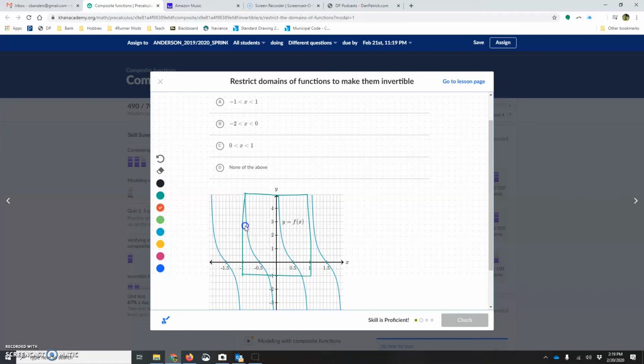So in this box, boom, fails the horizontal line test right there. So -1 to 1 is not a function because there's 2. -2 to 0, not a function, fails the test. 0 to 1, this would be a function. Everywhere you go from 0 to 1 only crosses the graph one time. So this is our answer, C.